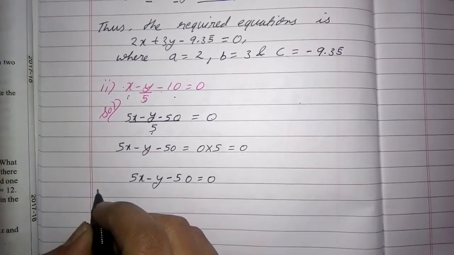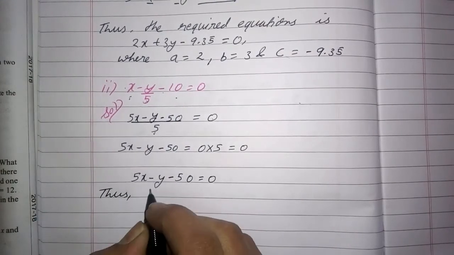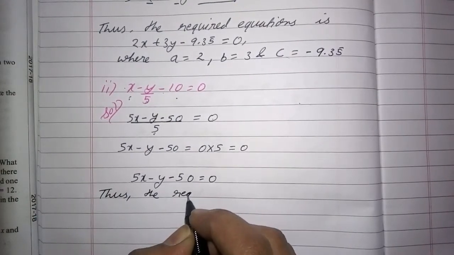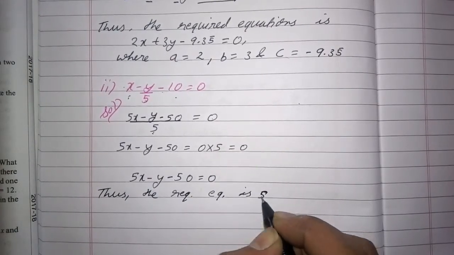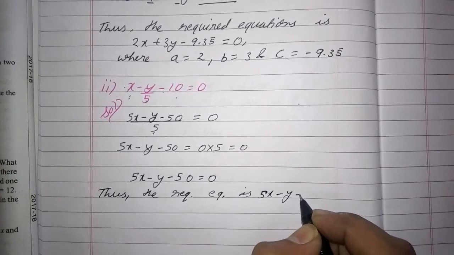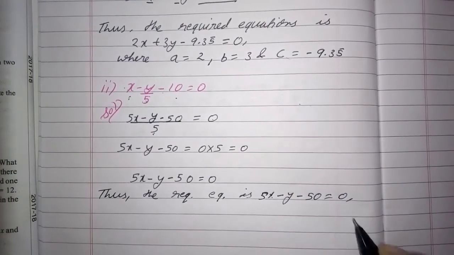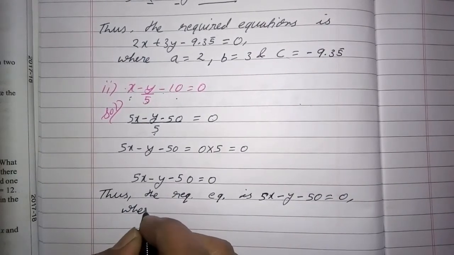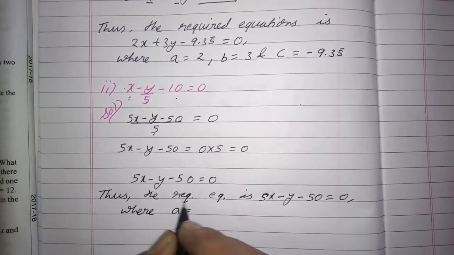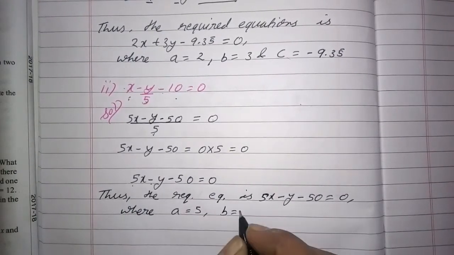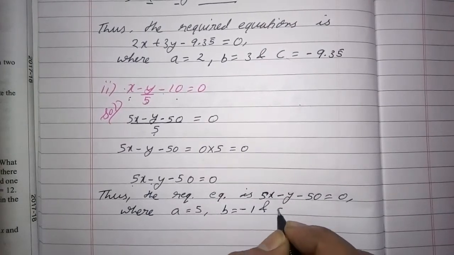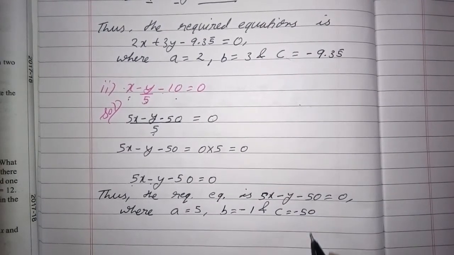Okay, so we'll write thus the required equation is 5x minus y minus 50 equal 0, where a equal 5 and b equal minus 1 and c equal minus 50.